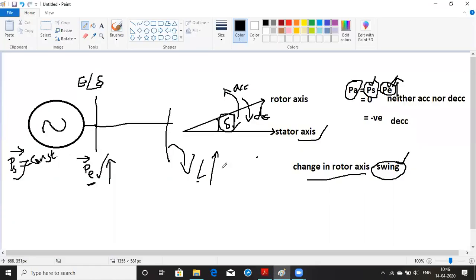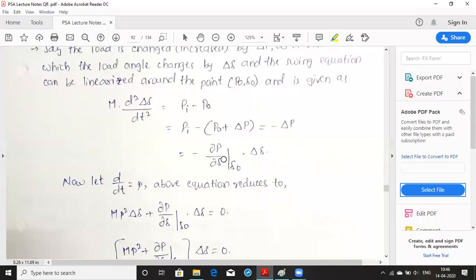I've already told you that the angle is going to change when it is getting decelerated. So that change in angle we are going to write down here. And this dP by d delta is under the initial condition, whenever there is no disturbance. So this is M d squared delta by dt squared equal to minus dou P by dou delta at delta equal to delta naught, into change in delta.